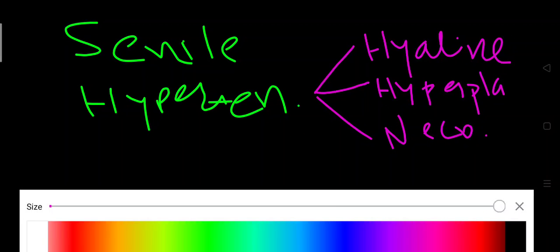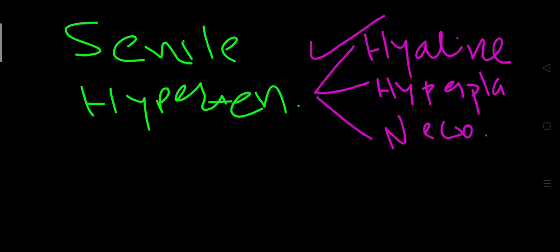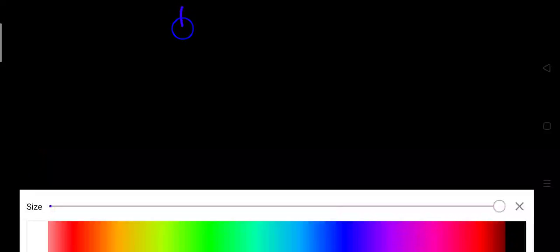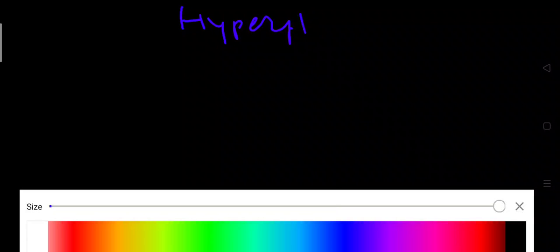Out of these we have already studied hyaline, and today we will study hyperplastic arteriosclerosis and necrotizing arteriolitis. So let's start with hyperplastic arteriosclerosis.